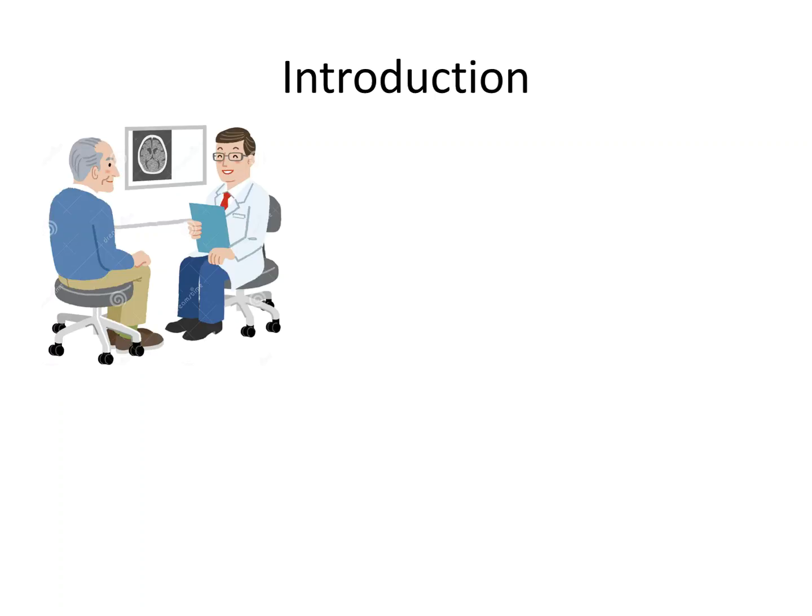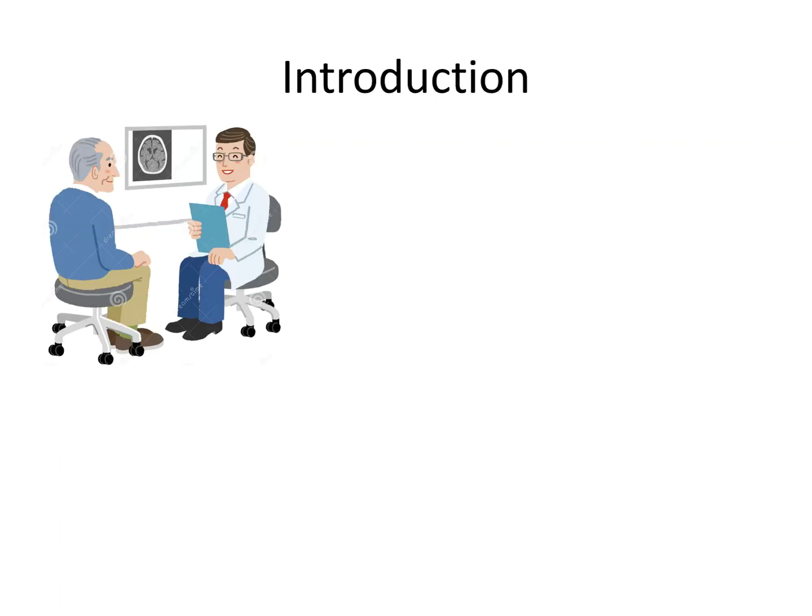Let's take an example: a patient visits a doctor because he's suffering from a fever or some disease. In that case, a doctor needs to identify the problems. For that, he needs to read the reports, listen to the symptoms of the patient, and then provide the proper medication.